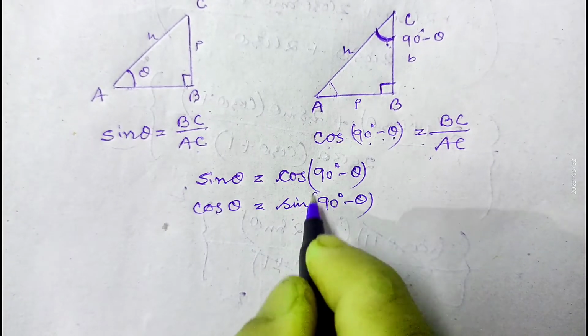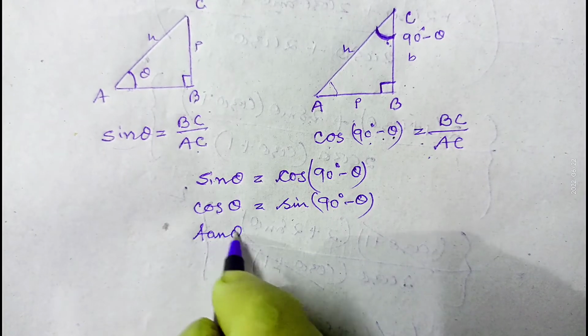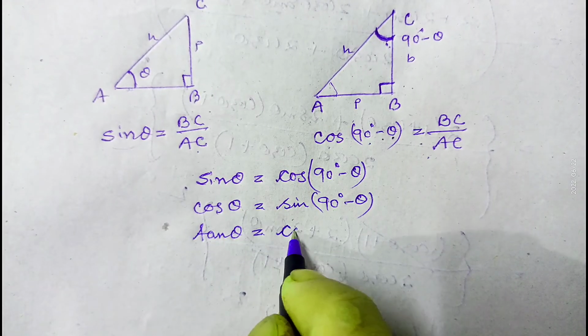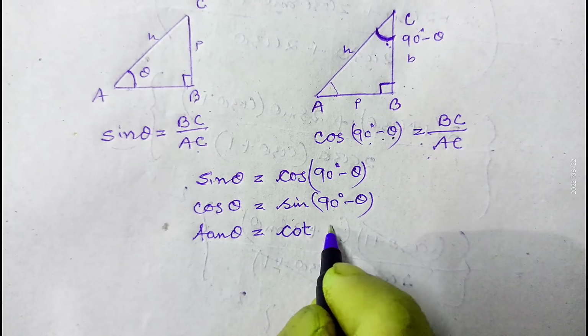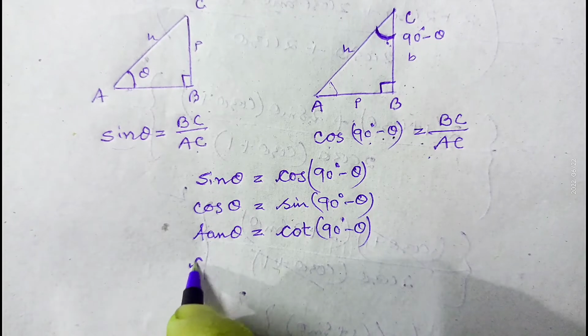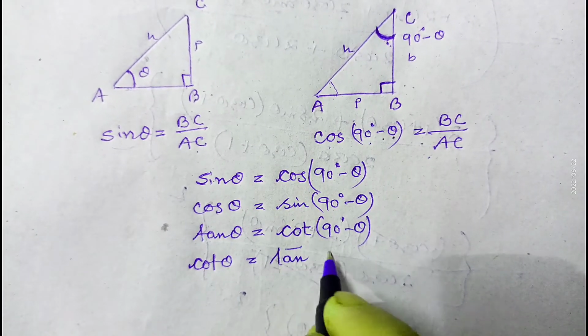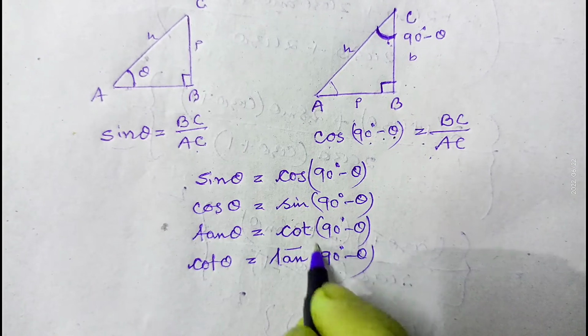Exactly in the same way we can prove this also. Then tan theta will be cot, or cotangent, of 90 minus theta. Next, cot theta will be tan of 90 minus theta.